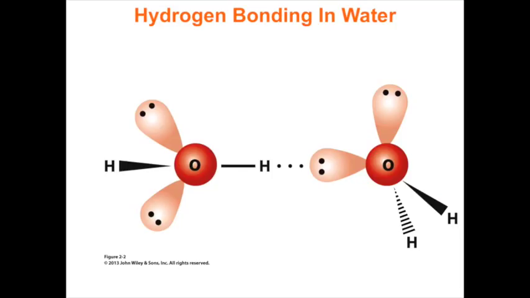These poles will interact with other water molecules, they'll interact with other polar molecules, and even other charged molecules. And so the partial charges will attract the opposite charge, as shown here. The positive hydrogen ion is attracted through a hydrogen bond, these three dots, to the negative partial charge on this oxygen atom here. And this is one of the main driving factors that allows metabolism to occur.